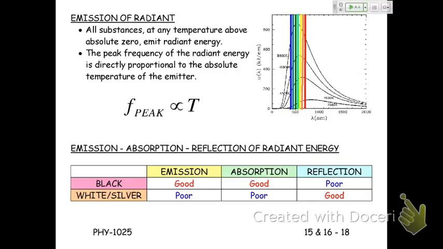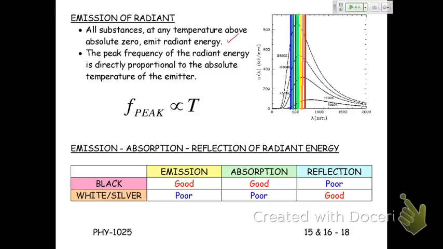So here's a graph of the intensity of colors versus wavelength for the light, and sure enough we have some colors we can't see, so I didn't put them in. This is the visible: red, orange, green, blue, indigo, violet. We say that all substances at temperatures above absolute zero emit radiant energy.